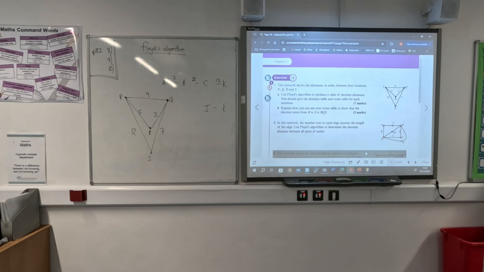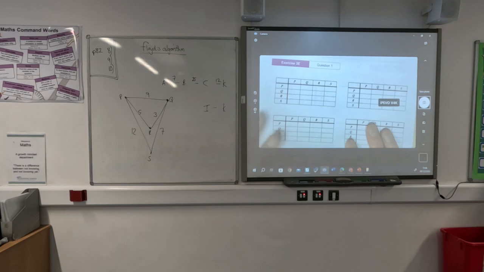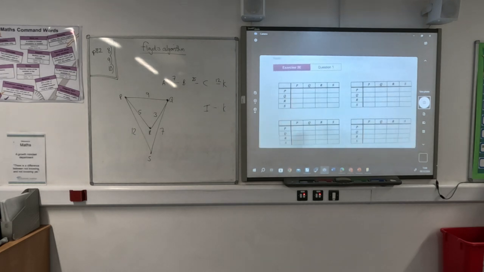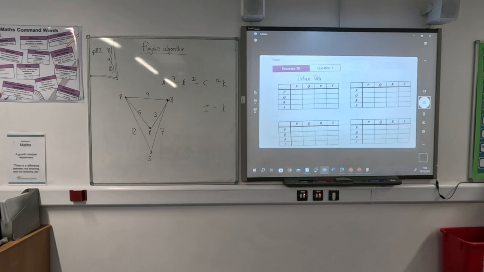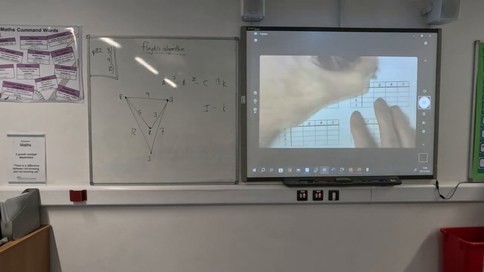Okay, so the first thing we do is complete two tables. And you've got blanks for those two tables here and here. This first table is called a distance table. And the second table is called a route table.